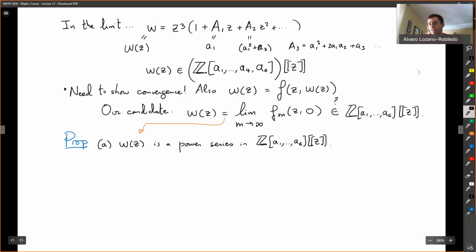If the coefficients A1 through A6 are integers, then the coefficients are just the integers. But if your elliptic curve is defined over some extension of the rationals, or over some local field itself, then whatever A1 through A6 are, that's where the coefficients of the power series are going to live also. So the ring Z adjoined A1 through A6 is the minimal ring of definition of your elliptic curve as you have defined it.